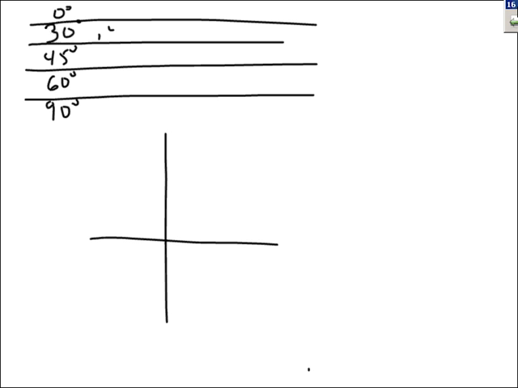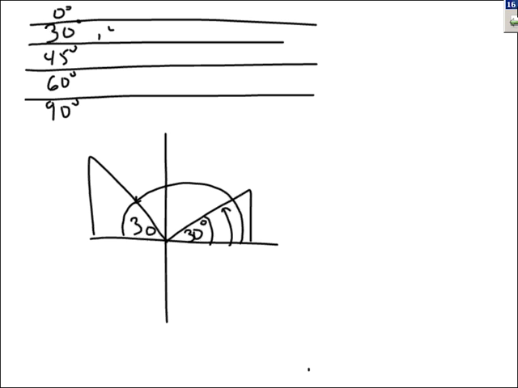For example, if you're in the first quadrant and the reference angle is 30 degrees, well then you're 30 degrees. But if you're in the second quadrant and your reference angle is 30 degrees, then you are 150 degrees. Why? Because if you go too far, you go to 180 and then you say, oops, I went too far, I have to go back 30. Well, then you're 150.